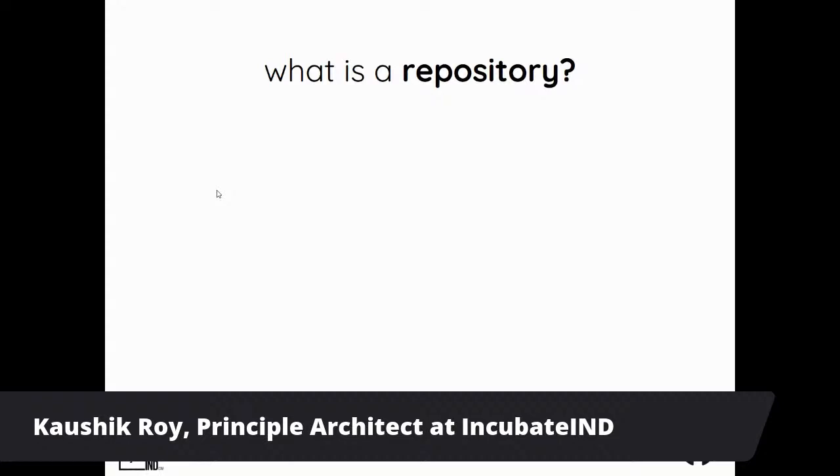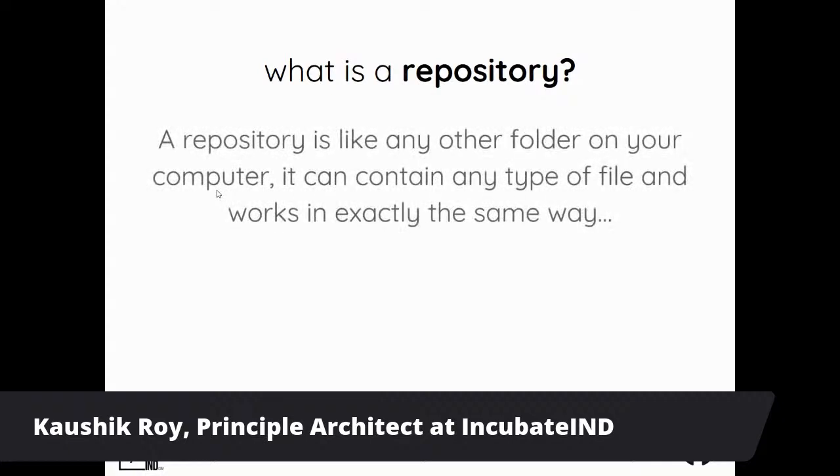Now, we are hearing two different terms, a folder and a repository. While speaking of a repository, I also use terms like remote repository, local repositories, and so forth. So what is actually a repository?